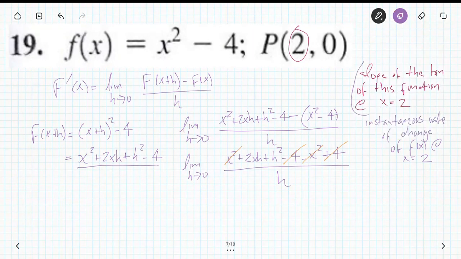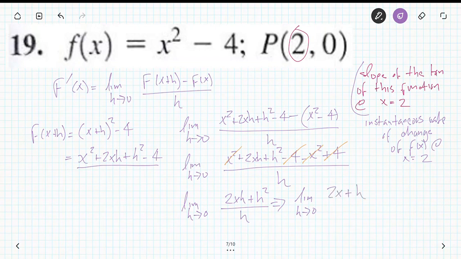Okay, so this is going to be the limit as h approaches 0 of 2xh plus h squared over h. Okay, and so now I can simplify this further because I can write this as the limit as h approaches 0 of 2x plus h.